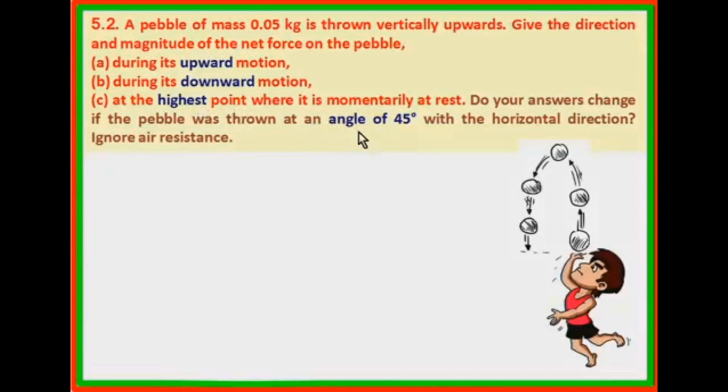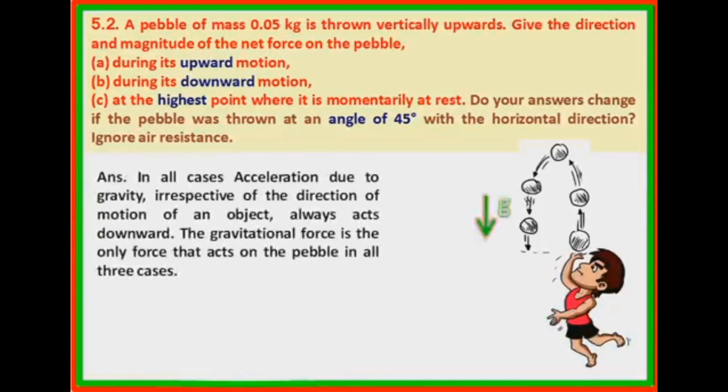In all these cases, if you notice, the common force acting on the pebble, that is the stone, is gravity. We all know very well that gravitational force will always act in the downward direction.